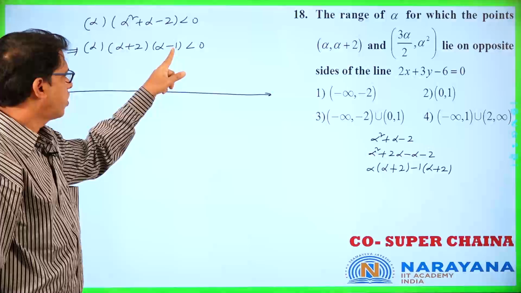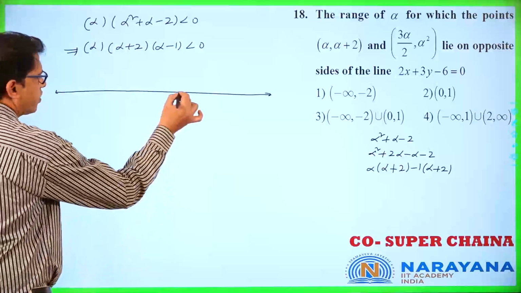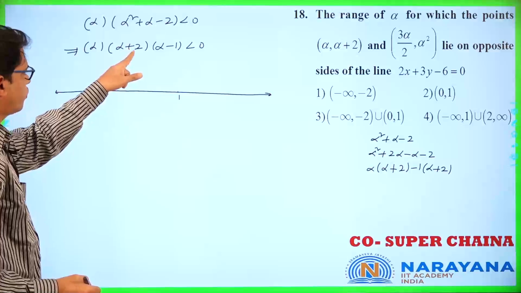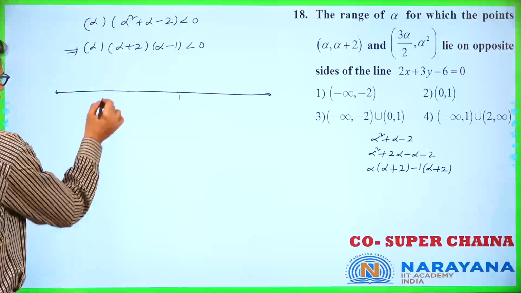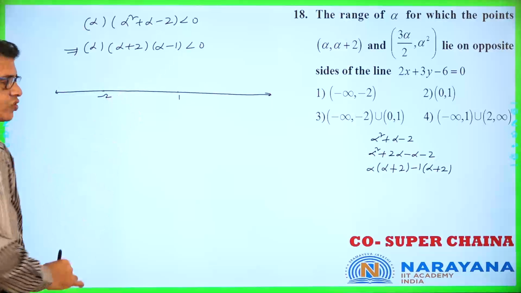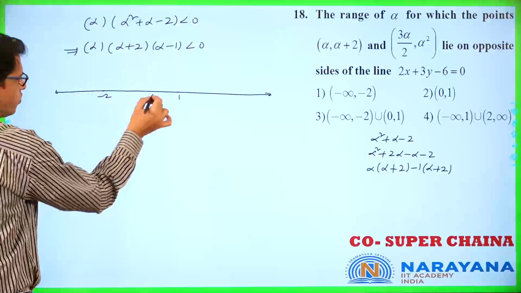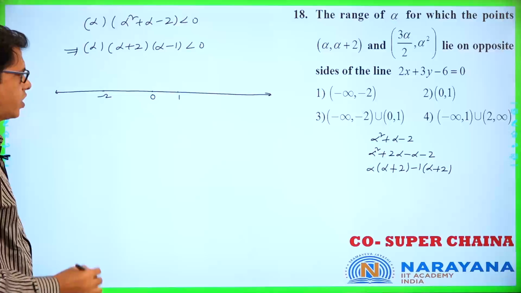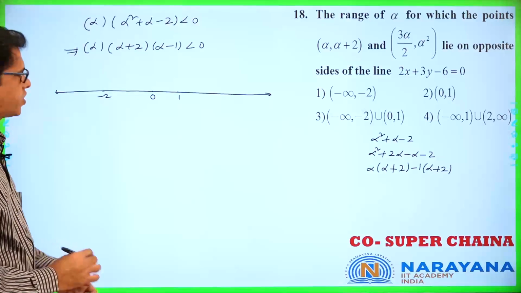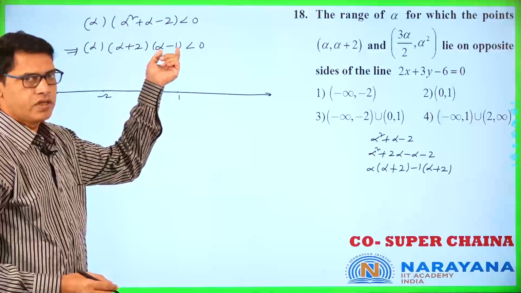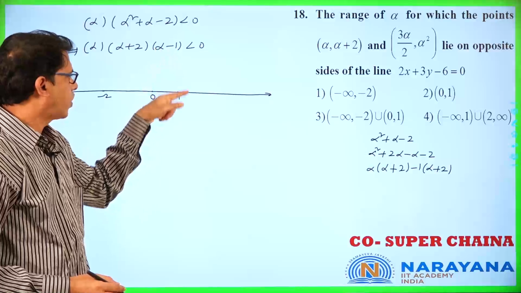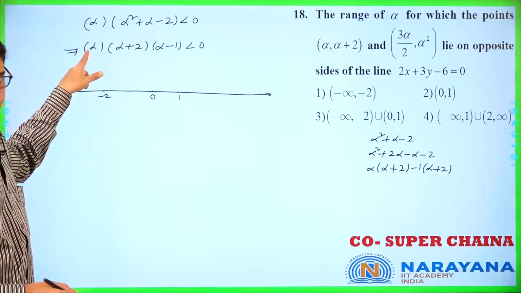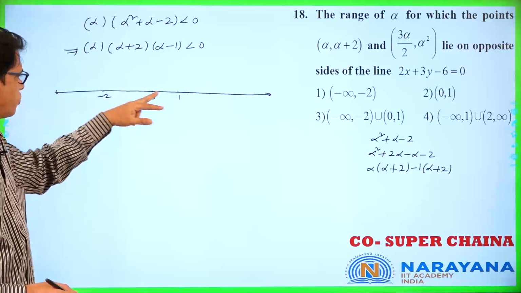Equate each factor to 0: alpha equals 1, alpha plus 2 equals 0 so alpha equals minus 2, and alpha equals 0. Here I got 3 critical points, the zeros of each factor individually. The critical points are minus 2, 0, 1.